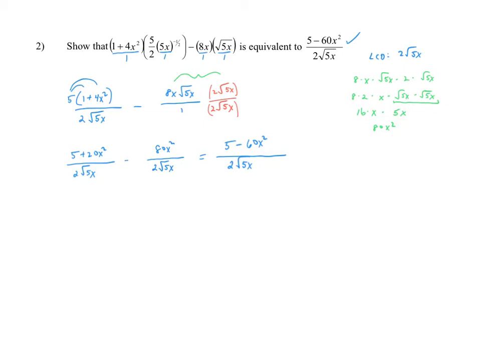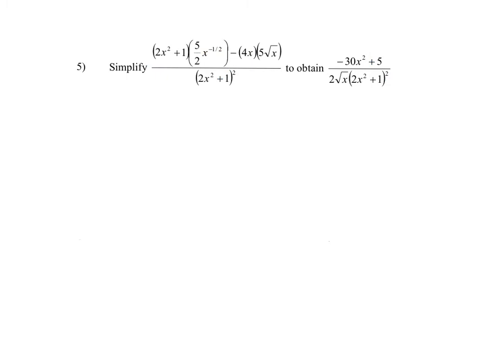So now you should be able to do 3 and 4. Please turn to number 5 now. We're going to simplify this complex fraction to obtain this. We'll start off the same way. Put in your over ones.